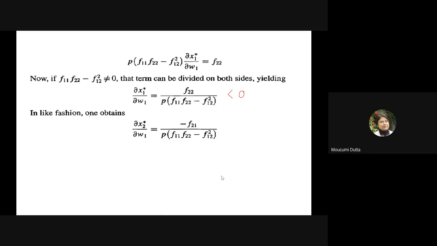If negative, what does it mean? If positive, what does it mean? Complementary.